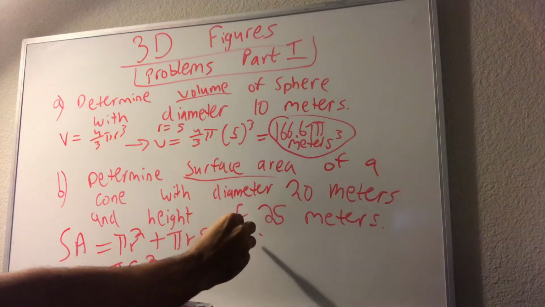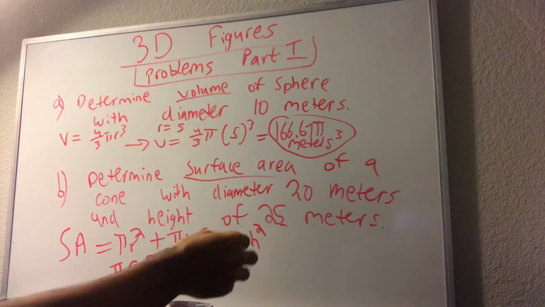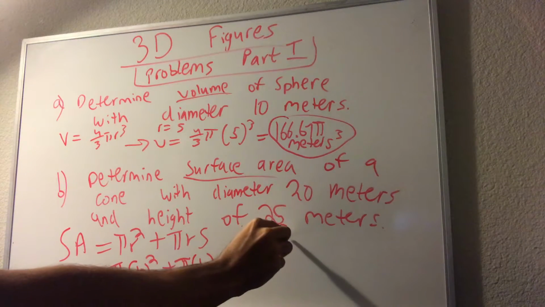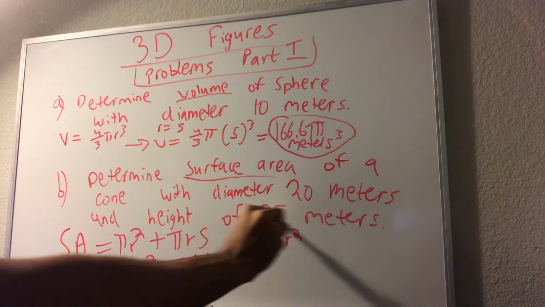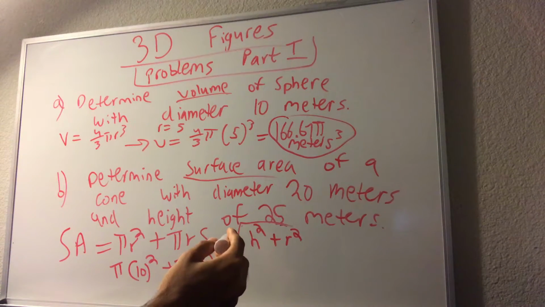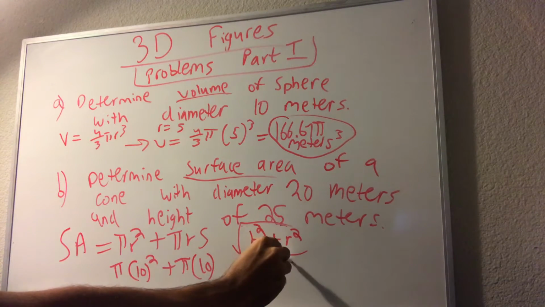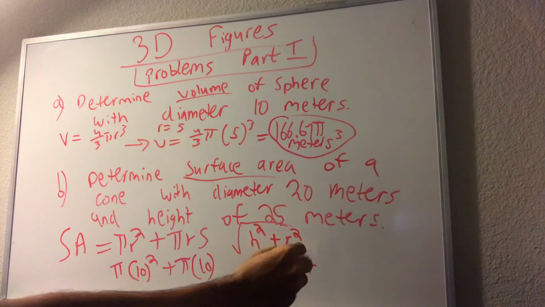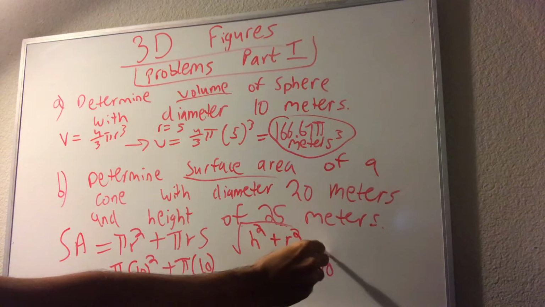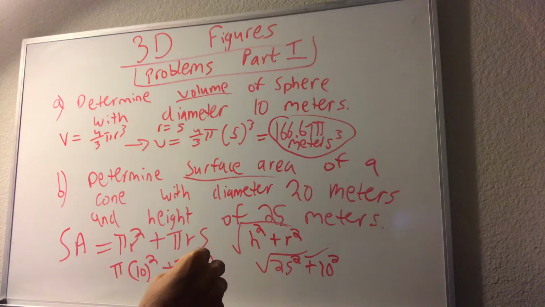So using the Pythagorean theorem, you square the height plus r squared, and take the square root of that, which gives you the slanted height. Your height is 25 and r is 10, so the slanted height, L or S, is equal to the square root of 25 squared plus 10 squared.